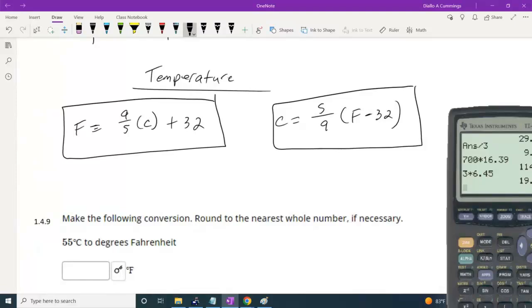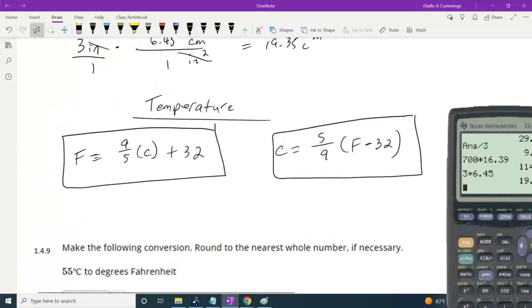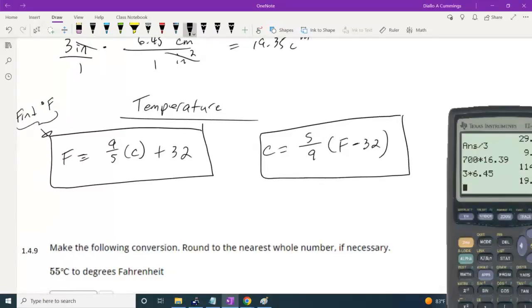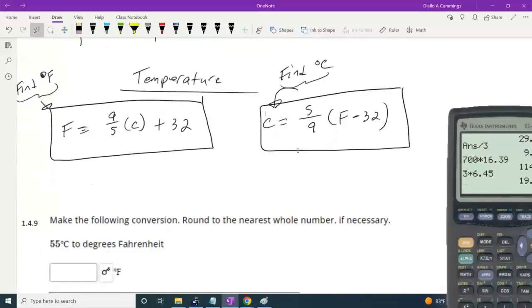So you would use the first formula if you're given Celsius and you're asked to find Fahrenheit. You'll use the second formula if you're given Fahrenheit and you're asked to find degrees Celsius. So the first formula is to find Fahrenheit. The second formula is to find Celsius.